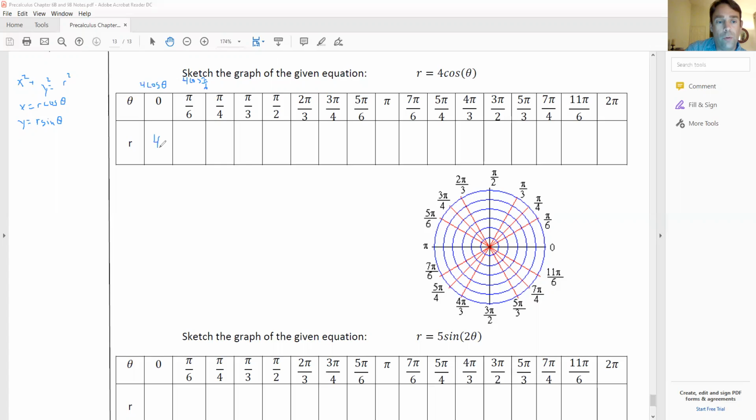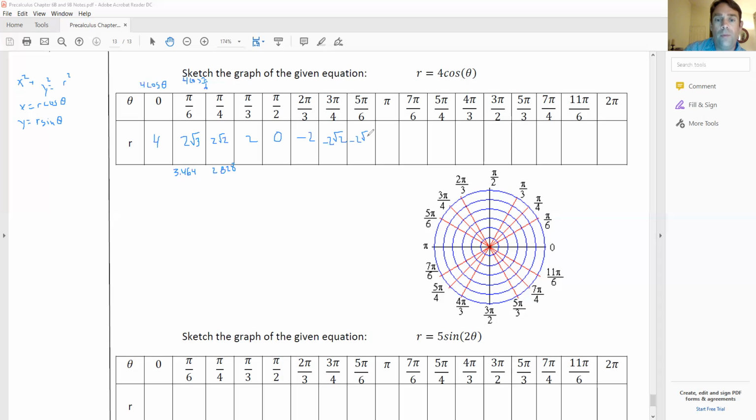All right, so you guys are back with me here. 4, 2 root 3, by the way, when I do graph this, I'm going to need to know what that decimal is. So that'll be 3.464. We have 2 root 2, and that's going to be 2.828. Then we have 2, 0, negative 2, negative 2 root 2, negative 2 root 3.